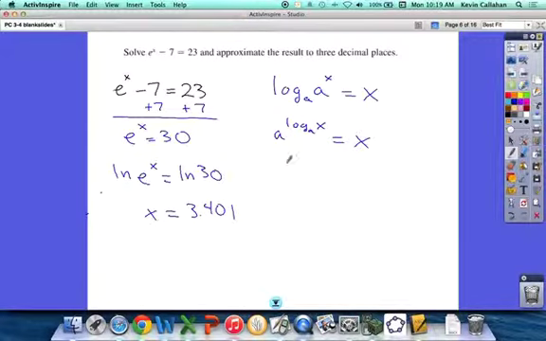Then that property becomes ln of e to the x, or e to the ln of x, in either case equals x. It just equals the exponent. So here, ln of e to the x is x, right? Because you don't see it, but actually there is a little base there of e. That's what the ln is telling you. These two match.